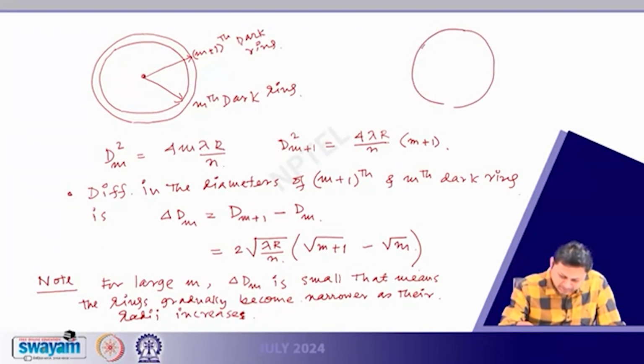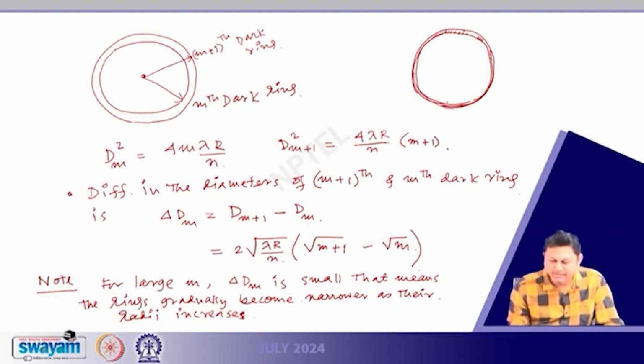If I draw one ring very close, my drawing is not perfect, but let me try to draw. So this is one ring, and this is like a fringe.